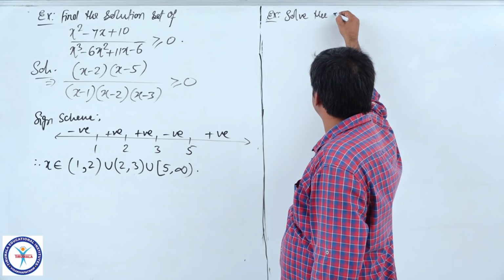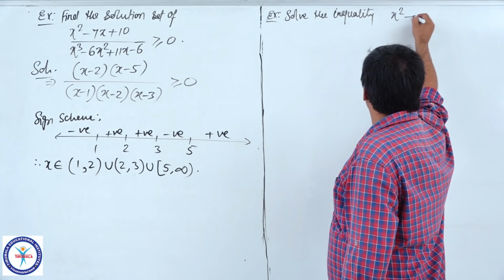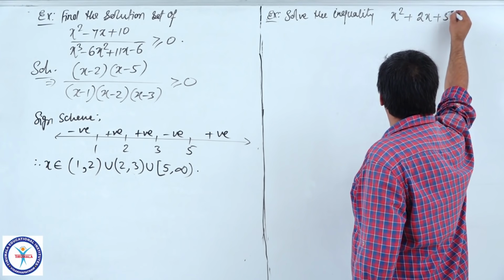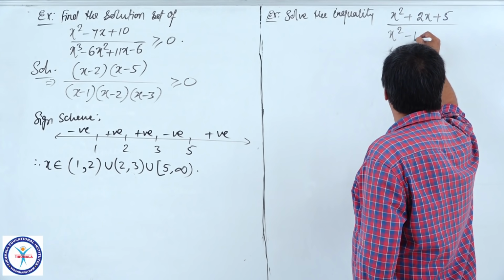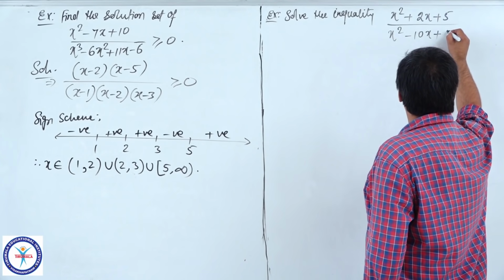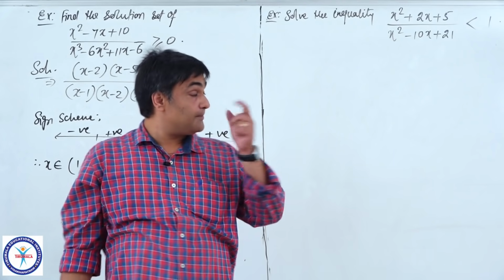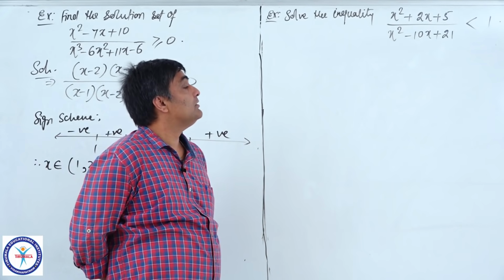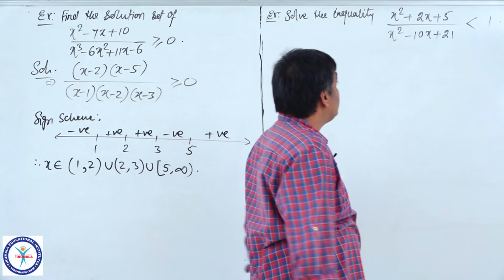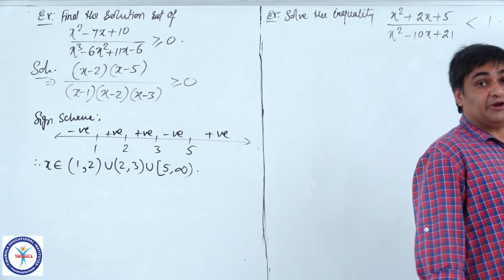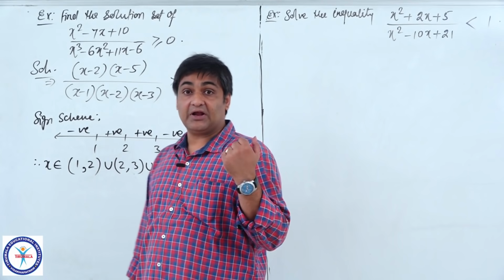Okay? Here, another example. Solve the inequality x square plus 2x plus 5 by x square minus 10x plus 21 less than 1. See, the wavy curve method or sign scheme tells us to find the solution when the expression is positive or negative.